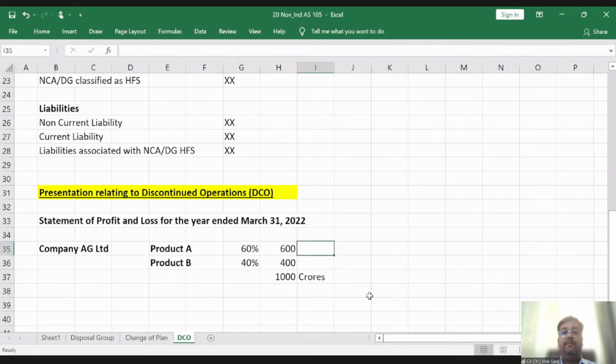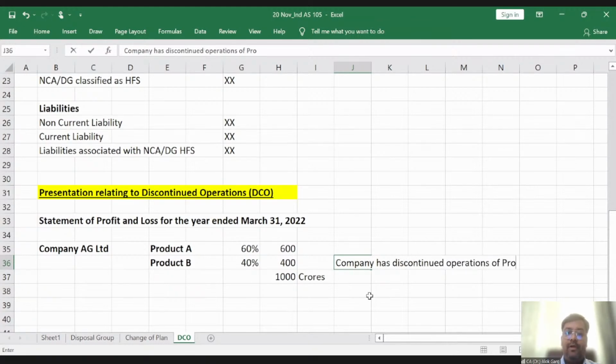Now, this company AG has discontinued the operations of product B as on 30th September 2021. Clear?